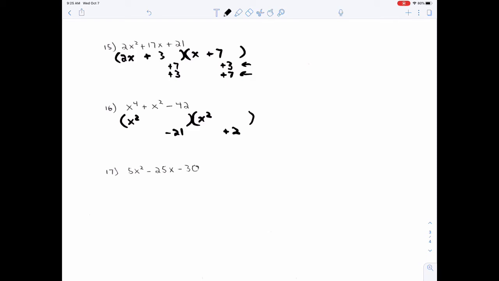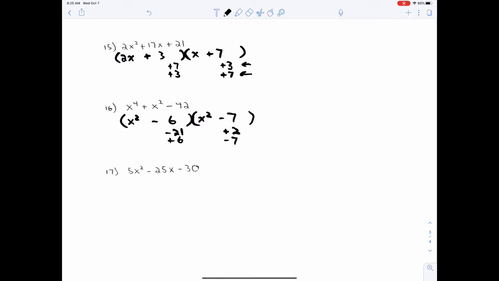So what else can give you 42? Let's go for plus 6 and minus 7. That would give me negative 7x squared and 6x squared, a negative x squared. If I switch the signs, that gives me a positive x squared. So I want minus 6 and minus 7.